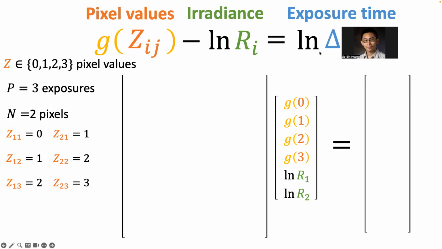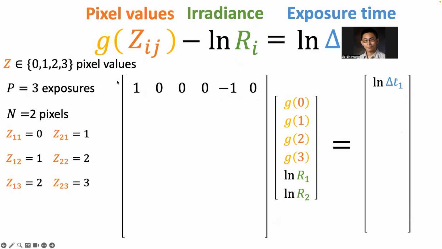You can rewrite that equation into matrix form like this. The 1 times g0 says the first pixel observed by the first camera is this value, minus log R1 here, equals this. That's the first pixel captured by the first camera.